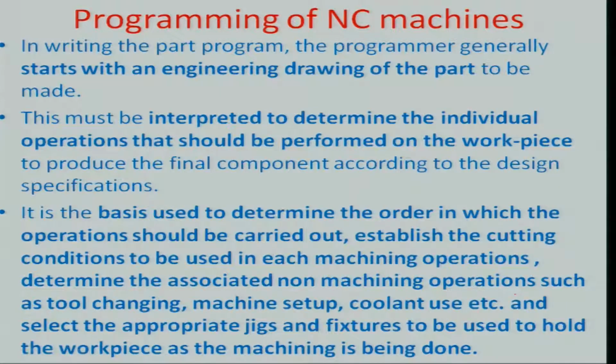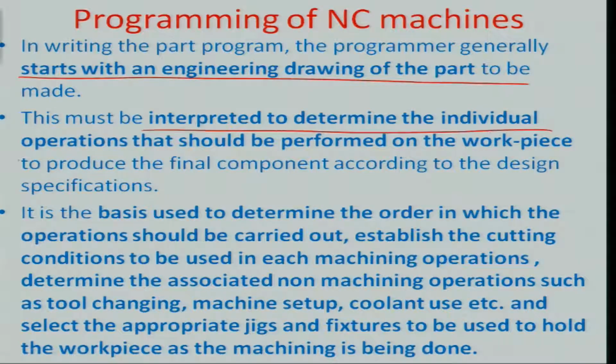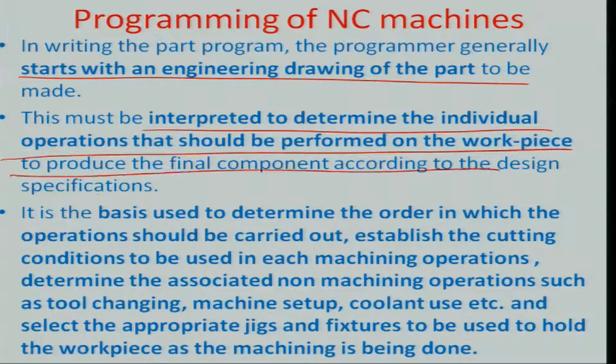Okay. So in writing a part program, the programmer generally starts with obviously an engineering drawing of the part, and this drawing is read in some kind of an orthogonal coordinate system, where this must be interpreted to determine the individual operations that should be performed on the workpiece to produce a final component according to the design specification.